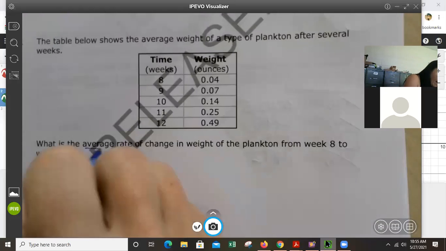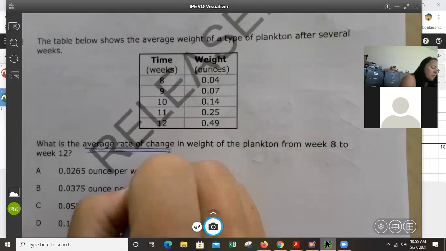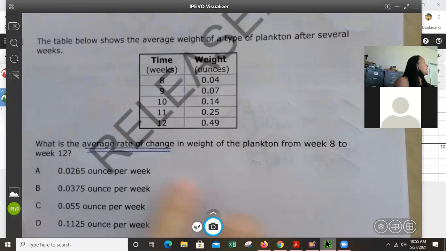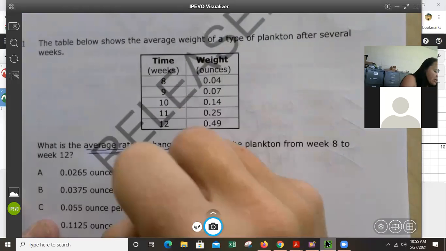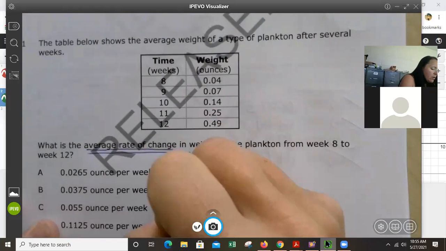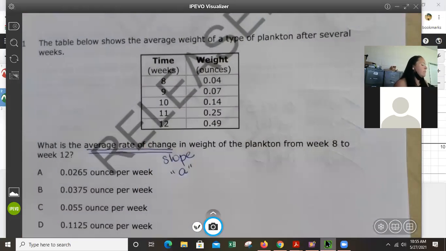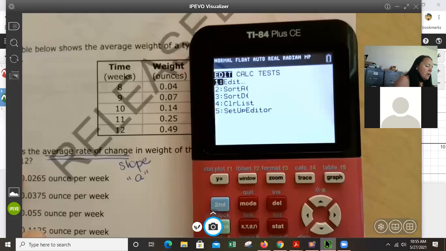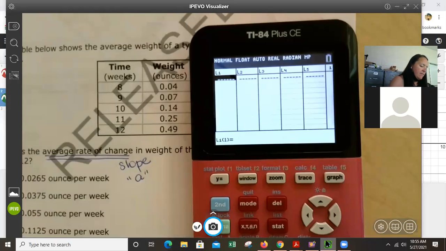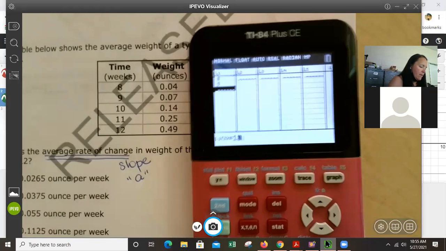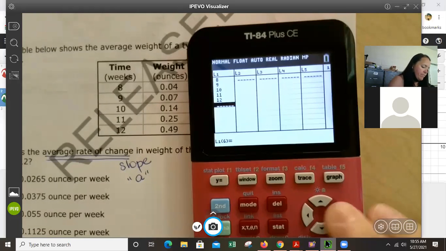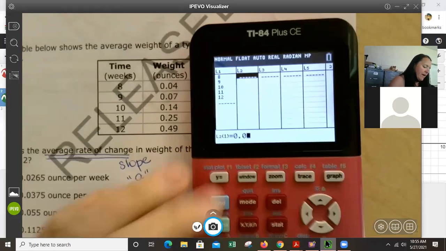It asks you for the average rate of change. Remember, anytime we see a chart like this, we're probably going to put it where? Stat. If they talk about average rate of change, we're looking for the slope, or the A value, once we put it in our chart, in our stat. So I'm going to go into stat and edit. Put your values in.